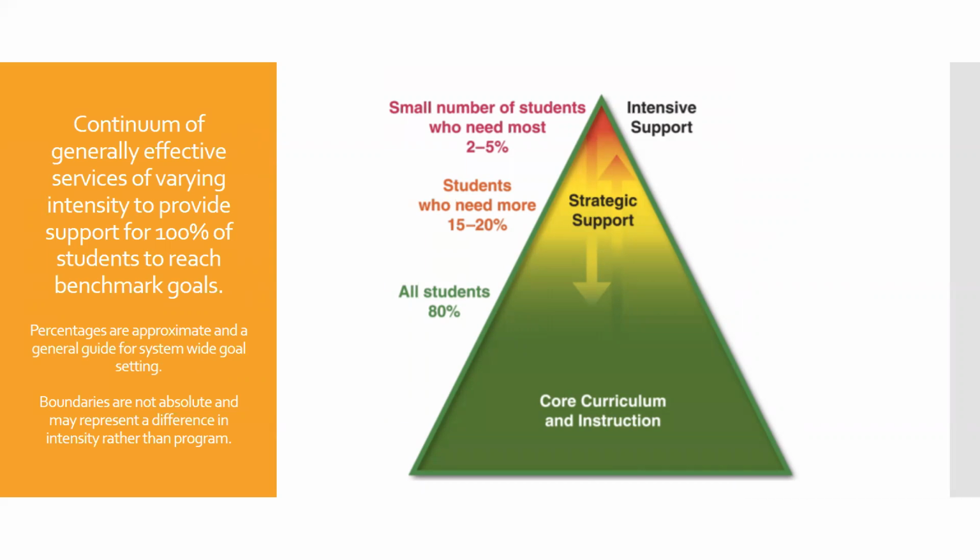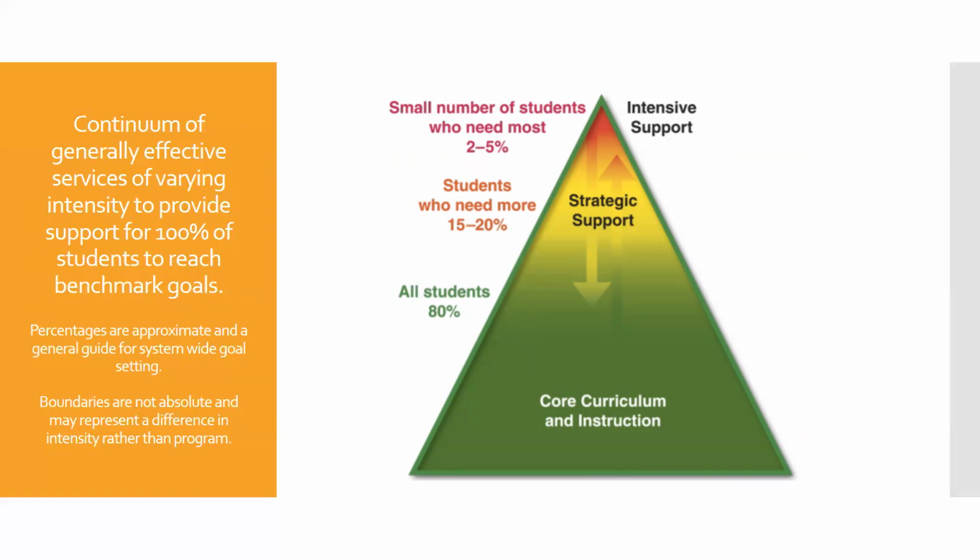Our students that are in strategic, that 15 to 20% who really need a little bit more support or more intervention, are often referred to as our yellow kids. And then the final category, the red kids, are often those students that are showing up on benchmark assessments as really needing that intensive support.